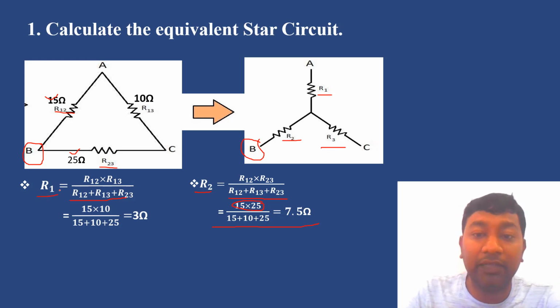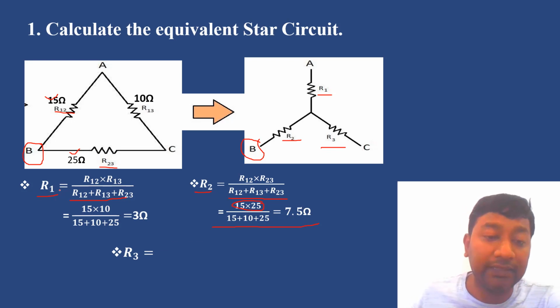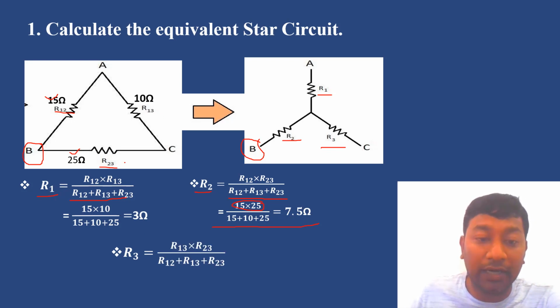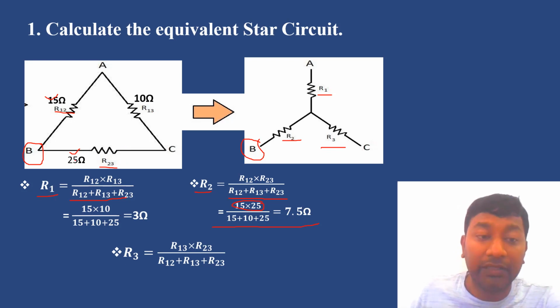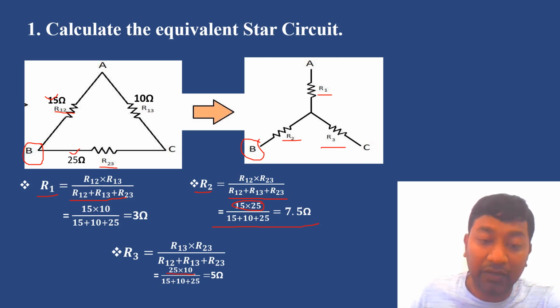Similarly, we calculate the value of R3. R3 is R13 into R23 divided by R12 plus R13 plus R23. So 10 ohm into 25 ohm divided by 10 plus 15 plus 25. 25 into 10 is 250, divided by 50, so the answer is 5 ohm.